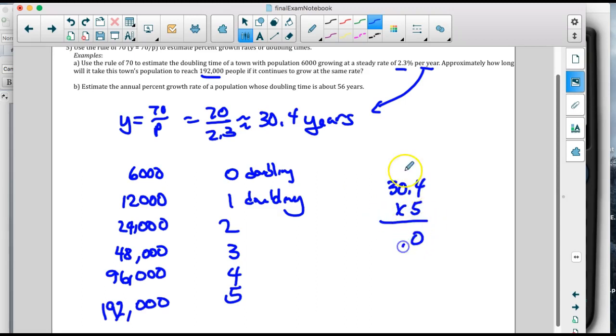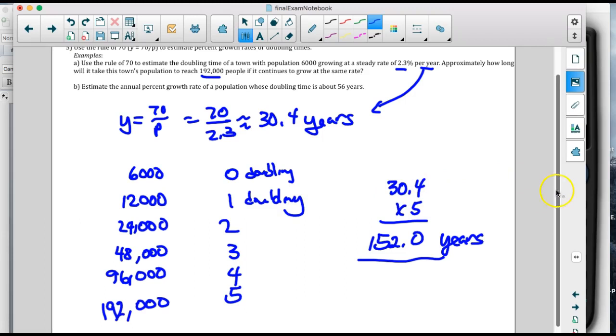So that would be about 152 years to reach 192,000 people, because it would take 5 doubling times.